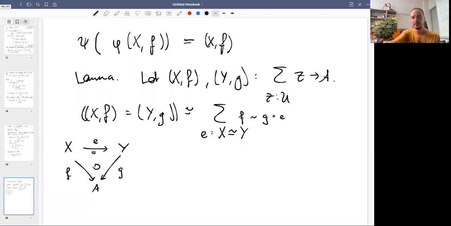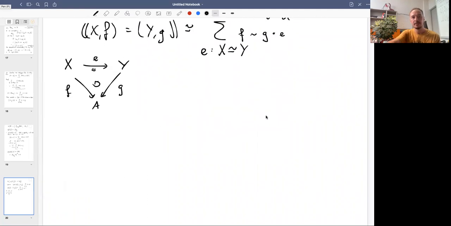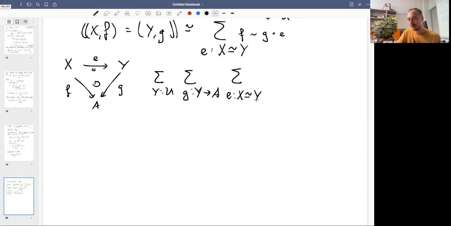And again, we are going to prove this in our favorite way. So let's consider this sigma type. Sigma Y in U, sigma g from Y to A, sigma e from X to Y, and now f is homotopic to g composed with e.